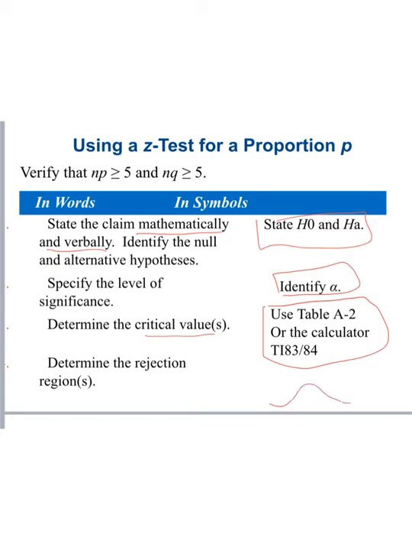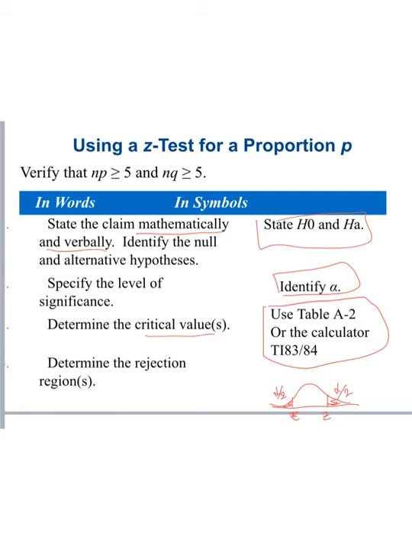So critical values are based on alpha. If I know I have a two-tailed test, I'm going to take my alpha over 2 and split it. It's also area, kind of like a p-value. The critical values are those z values here that trap alpha over 2 if I have a two-tailed test.